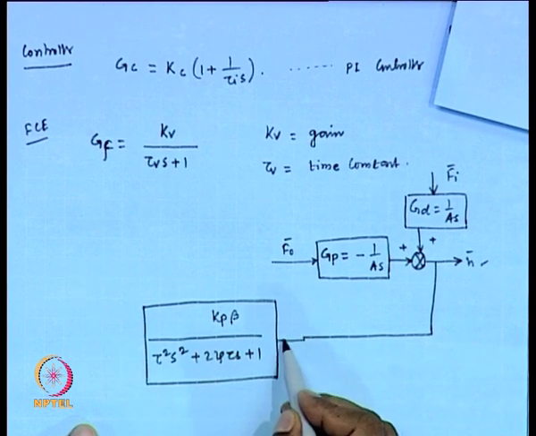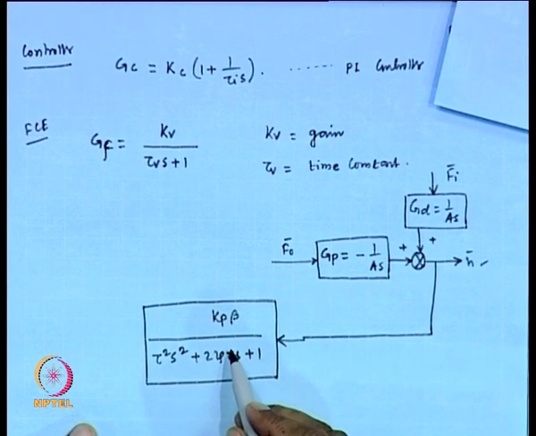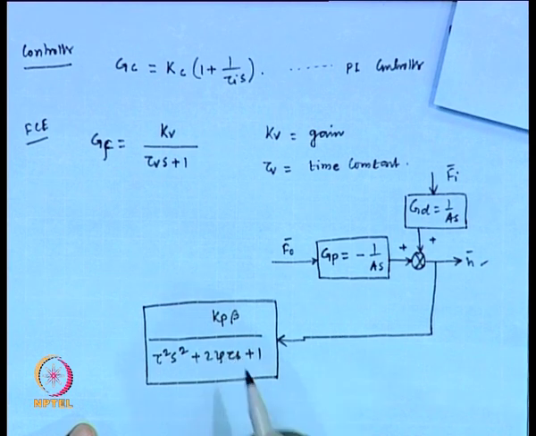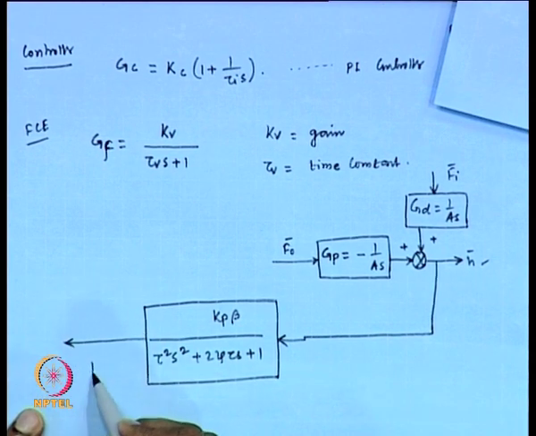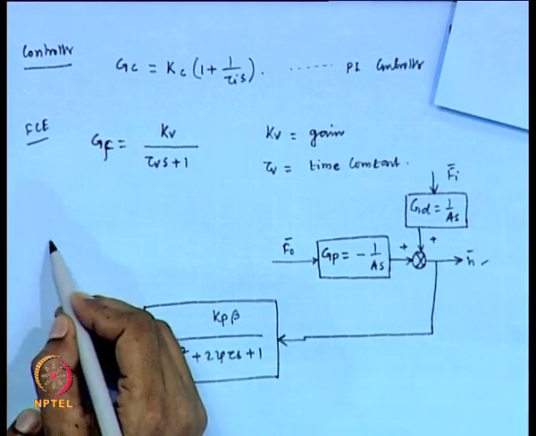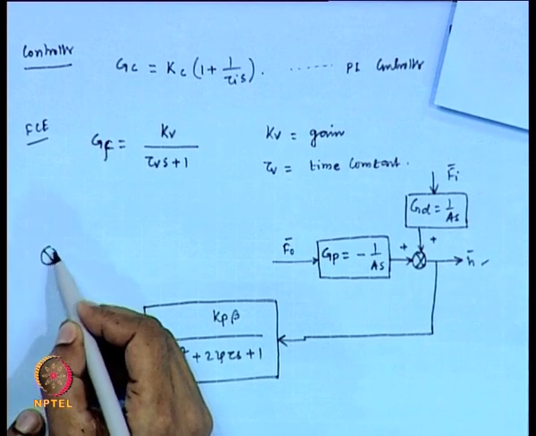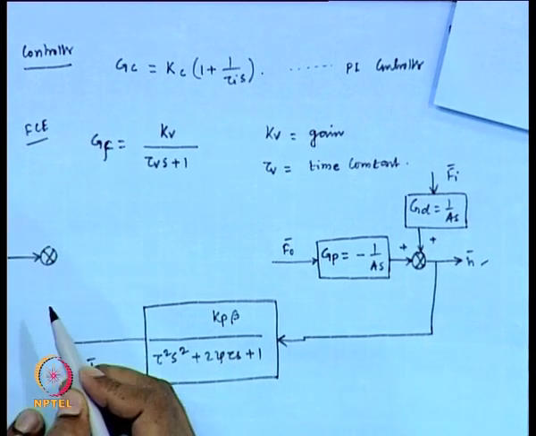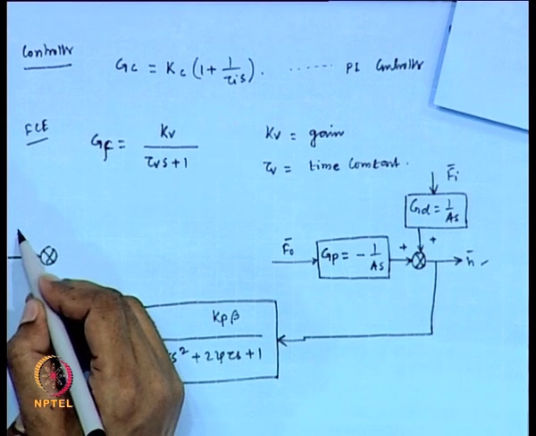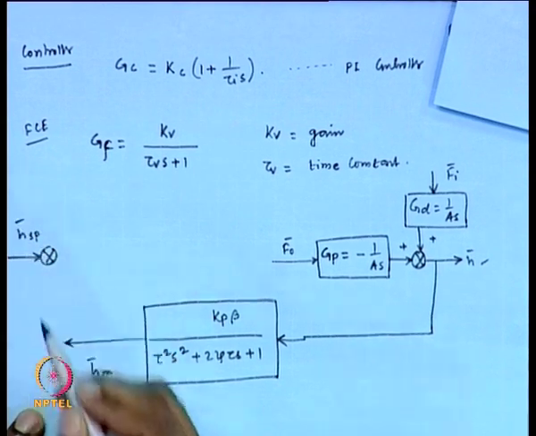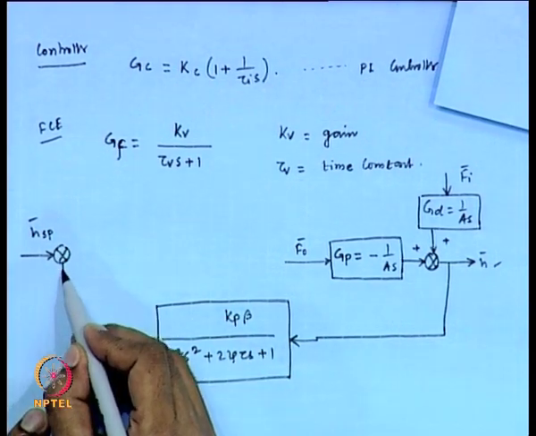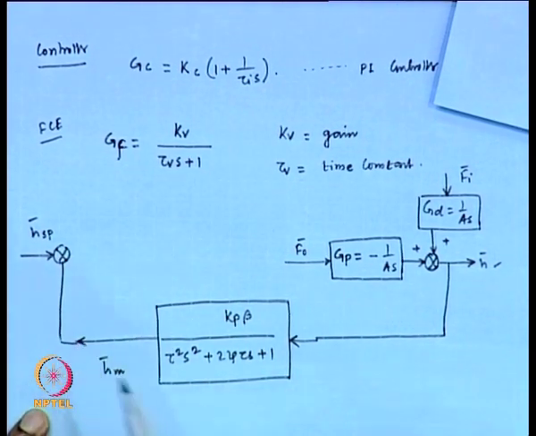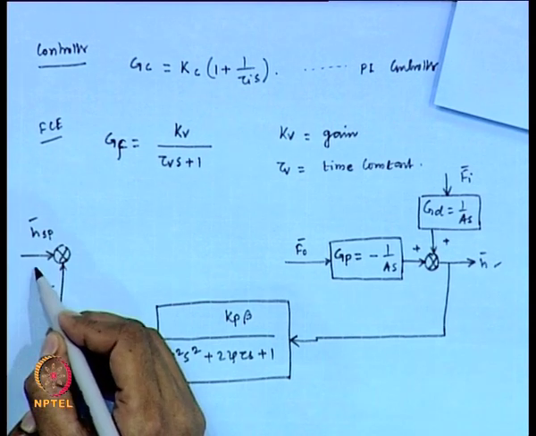This is G_m, and its output is measured height. This is the comparator: H set point is compared with this measured height.